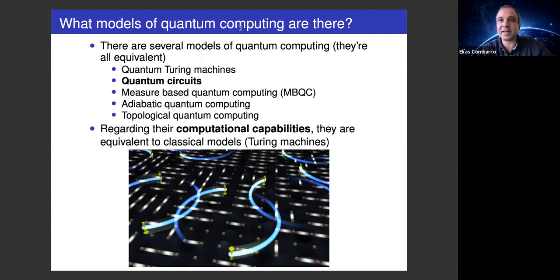But this is something that in practice you rarely have. You can have, for instance, quantum sensors that produce quantum data that you can already use with a quantum algorithm, but this is just one particular situation.